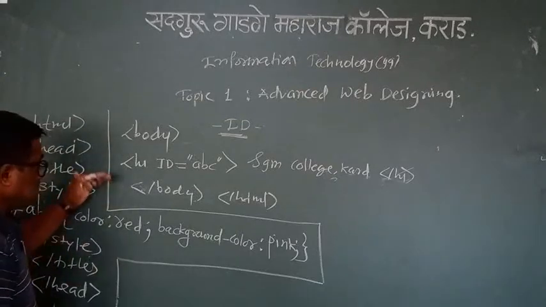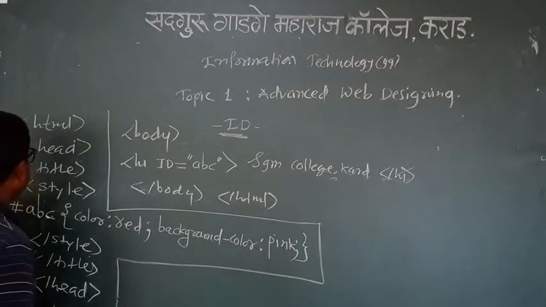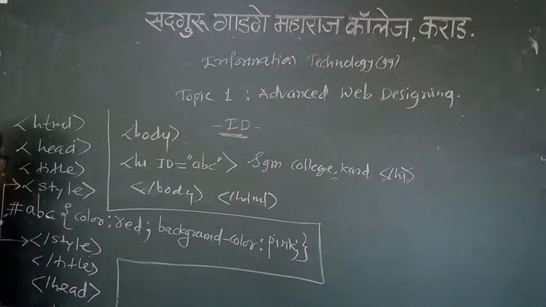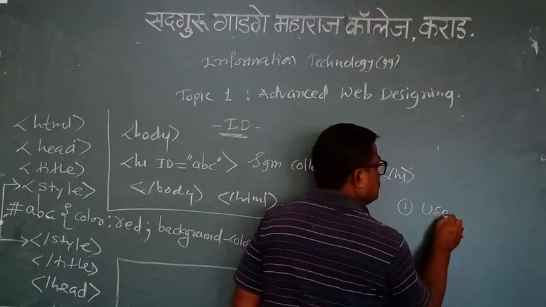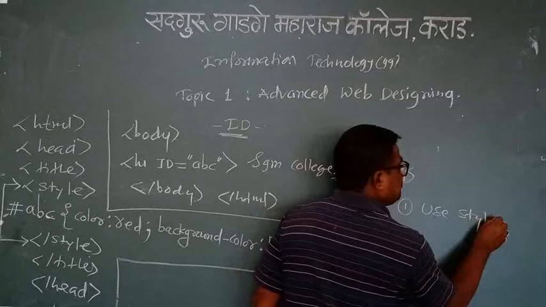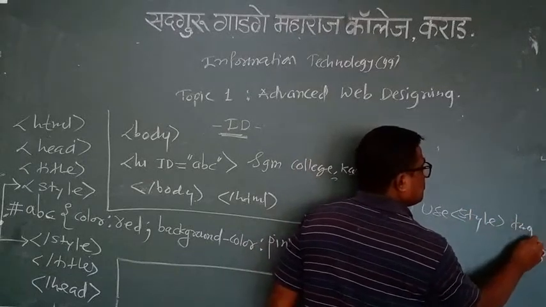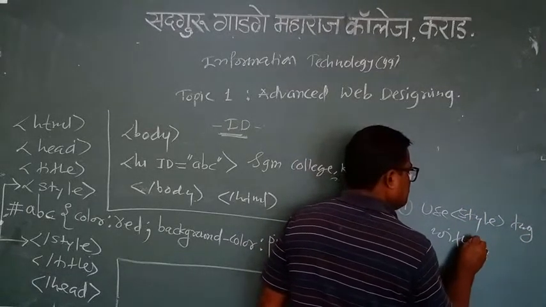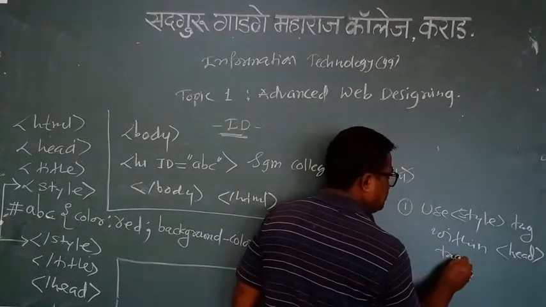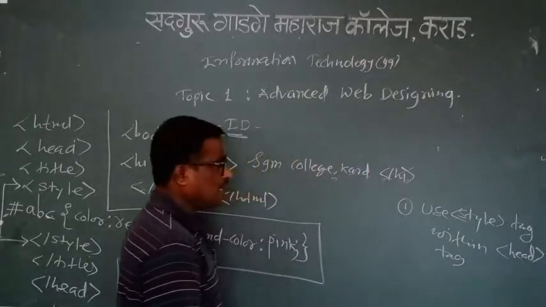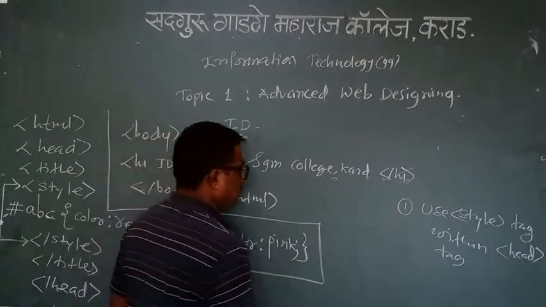See here, from start to end. To write the ID selector, which points do we have to remember? First, use the style tag within the head tag.